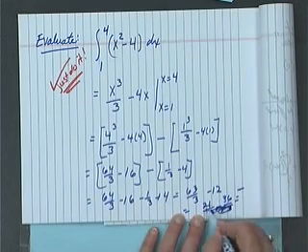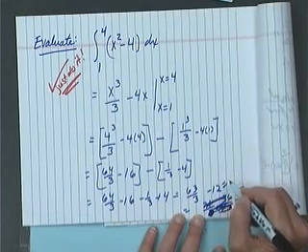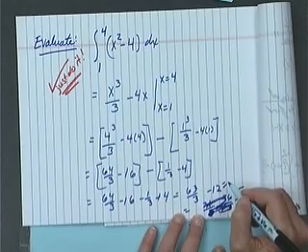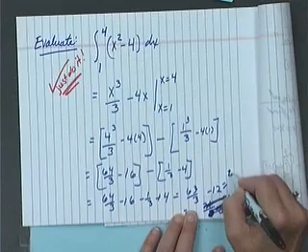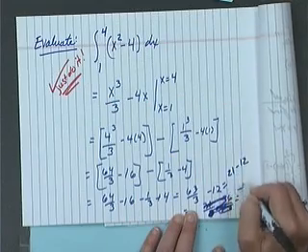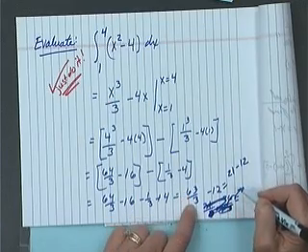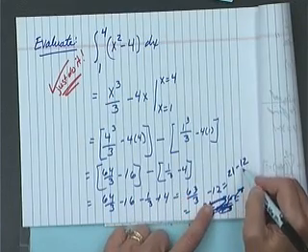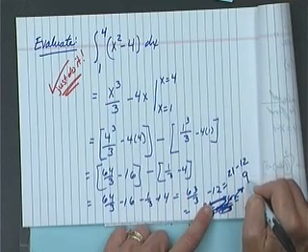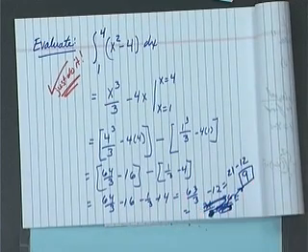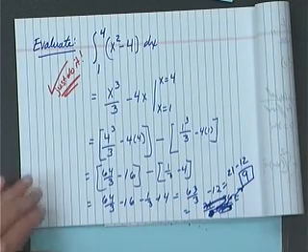Oh, 21 minus 12. Okay. Should I tell everybody who's watching this that I've been up since 4 o'clock this morning? I'm sorry. All right. 63 thirds. Not having a functioning brain here. Sorry. 63 over 3 is 21. Minus 12 comes out to be 9. Is that right? Thank you.